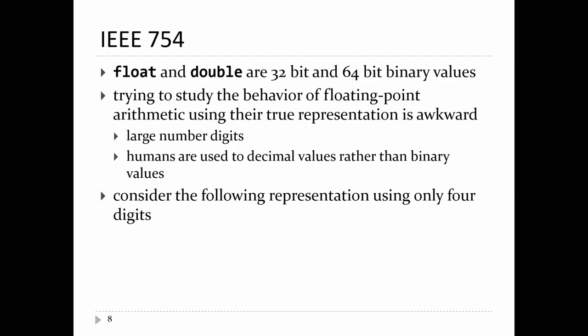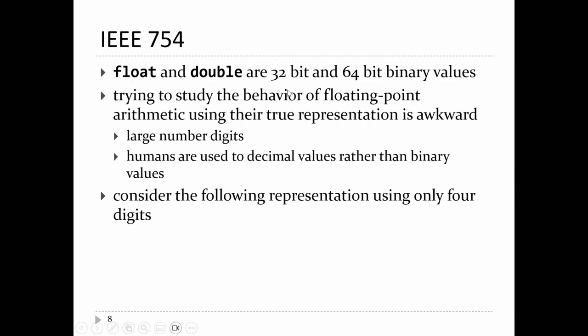Okay. All right, so we were talking about floating point numbers and how they're represented on your computer, or I guess quote-unquote real numbers and how they're represented on your computer. So Java has two floating point types. There's float and double. They both come from this standard called IEEE 754.